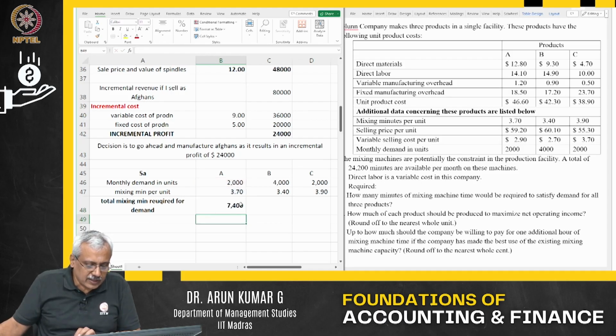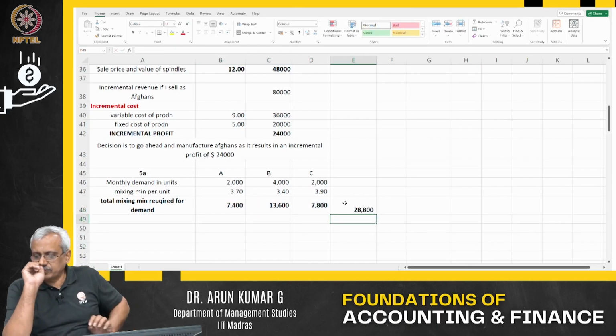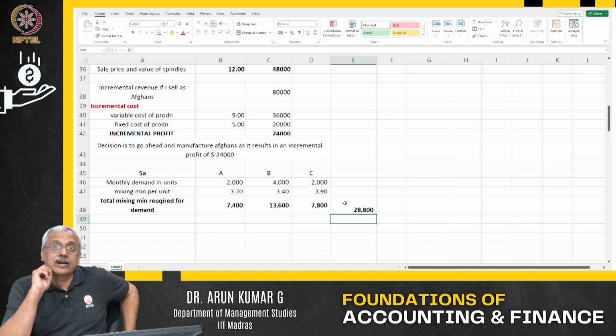I would say the total mixing minutes required as of now is this plus this plus this, that is 28,800 mixing minutes required for meeting the required demand of all the products.